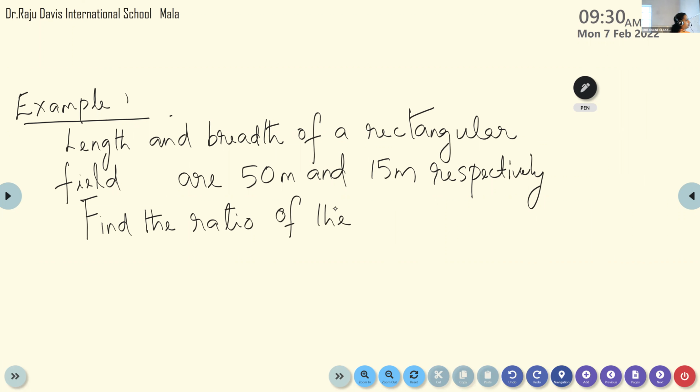Find the ratio of the length to the breadth of the field.